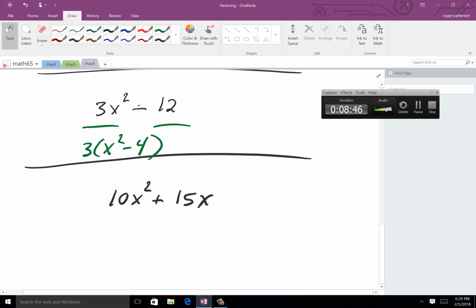Okay, so what can we take out of that one? What goes into those things? What can we take out? A 5 and an x, because 5 goes into both of these and x goes into both of those. So we're taking that out.